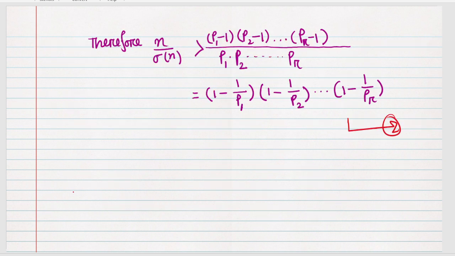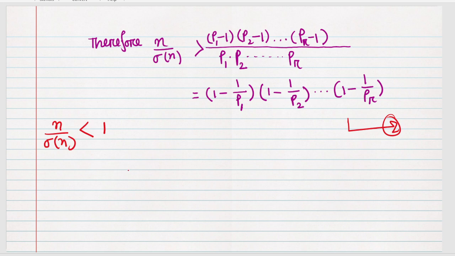I am writing result number 1 here also. What was our result number 1? That n by sigma n must be less than 1, and here we have the product of (1 minus 1 by p1) up to (1 minus 1 by pr).